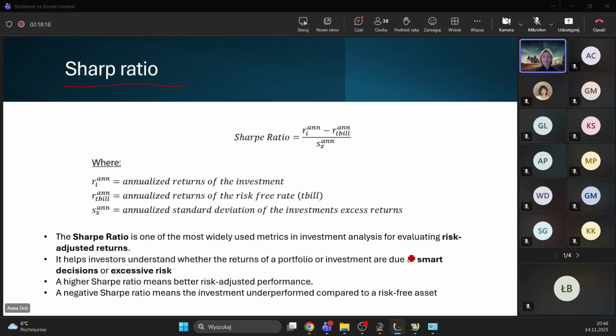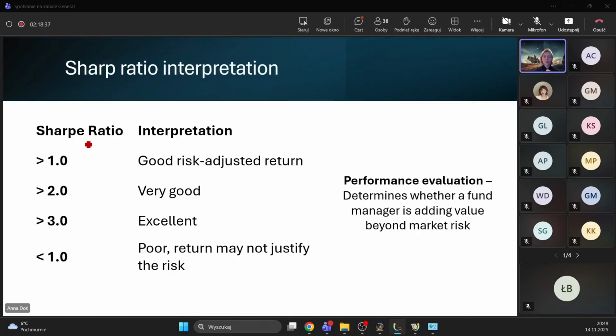The higher the Sharpe ratio, the better the so-called risk-adjusted performance. A negative Sharpe ratio simply means that the annual returns are smaller than the risk-free rate, so the risk should never be taken. So here's the interpretation of the Sharpe ratio. The higher, the better.